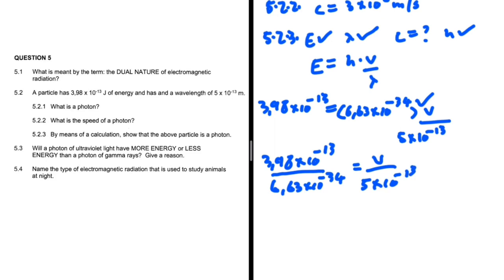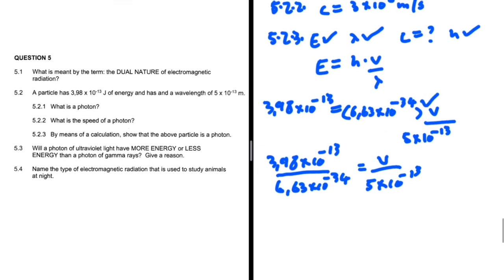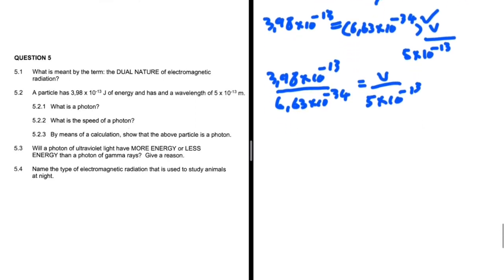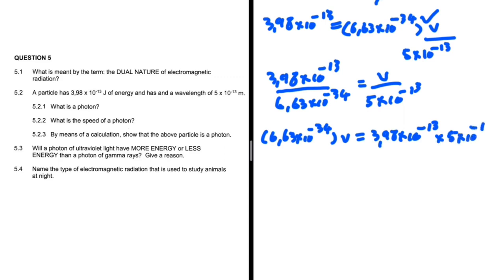Obviously, on the right hand side, Planck's constant and what we are dividing it with will cancel out. So at this point, we can go ahead and cross multiply. If we do that, we're going to have 6.63 times 10 to the minus 34 multiplied by V, being equal to 3.98 times 10 to the minus 13 multiplied by 5 times 10 to the minus 13.